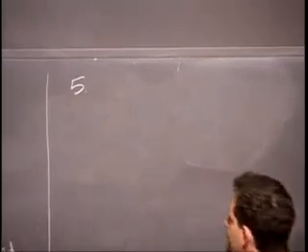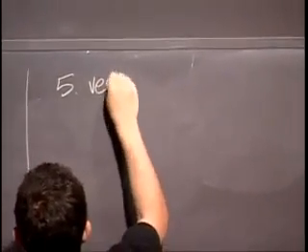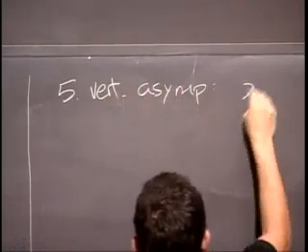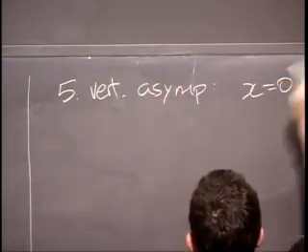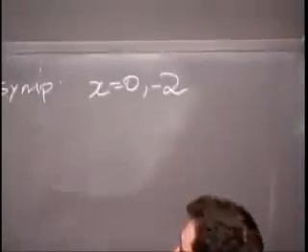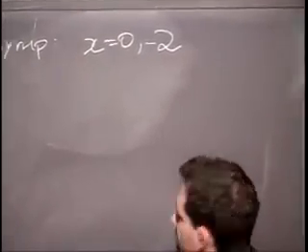For step 5, I'd like to look at the vertical asymptotes. The only possible candidates are x equals 0 and 2, and the only thing that could screw that up is if the numerator was 0 as well, but it's not. The denominator is 0 and the numerator is not. So I have vertical asymptotes at 0 and minus 2, not 2. Sorry about that. It is 0 and negative 2.